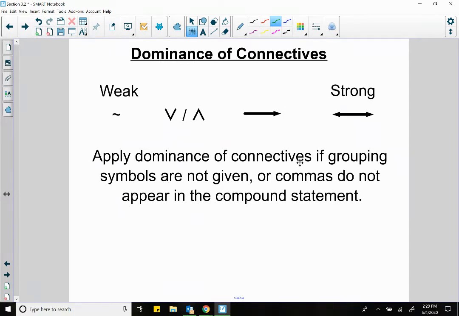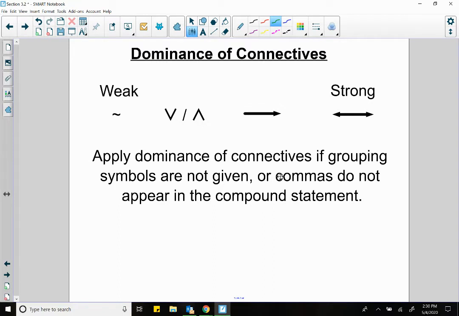To apply dominance of connectives, if grouping symbols are not given, in other words, if they don't show you the grouping symbols or commas do not appear in the compound statement. Another thing you just found out is that if you have commas, that means you have a grouping symbol, either before or after that comma.